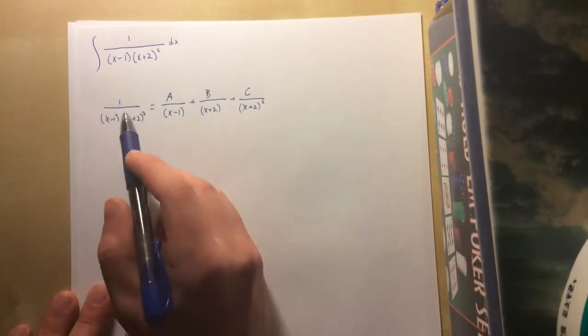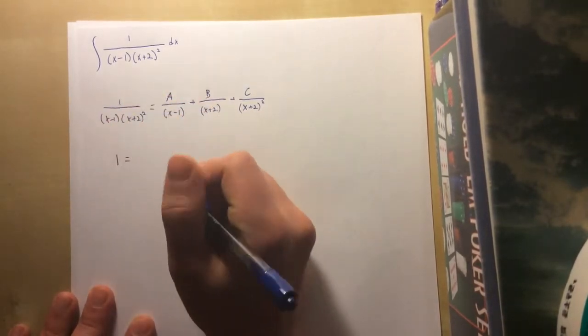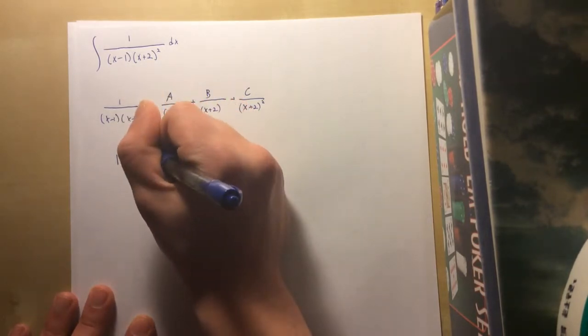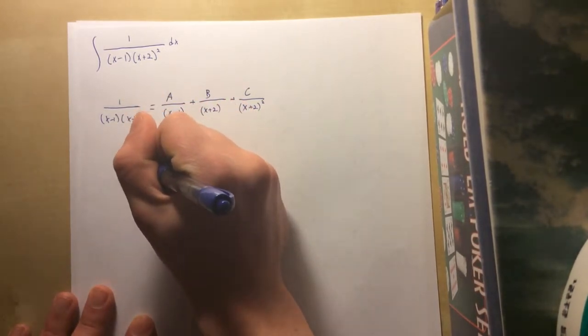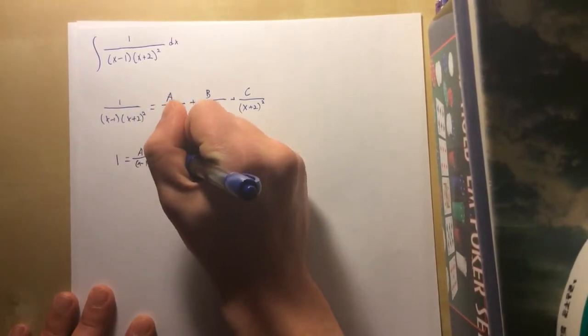Once again, let's multiply out by this denominator, and on the left side we get 1, and on the right side we get an a over x minus 1 times that whole denominator right there.